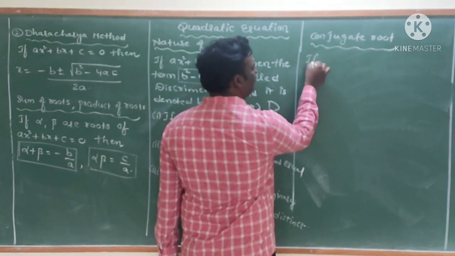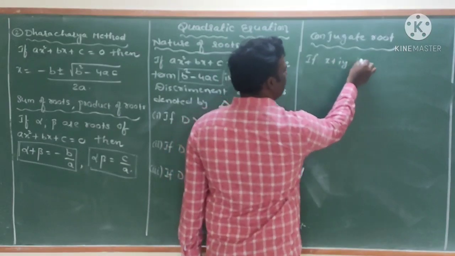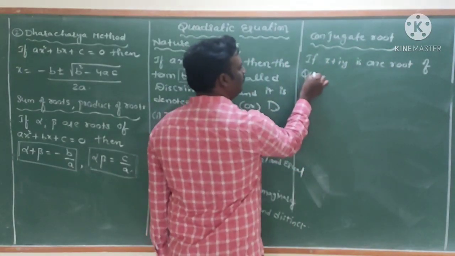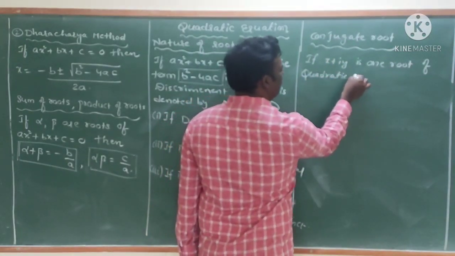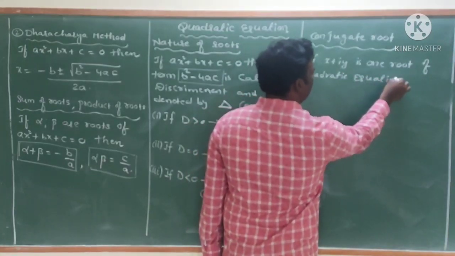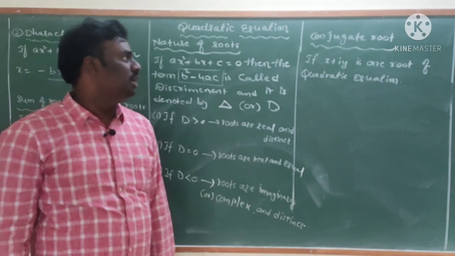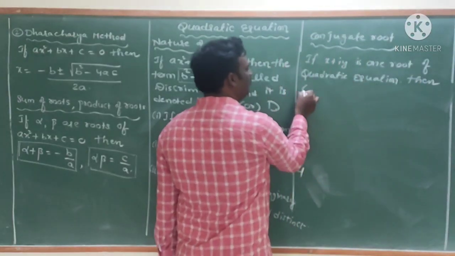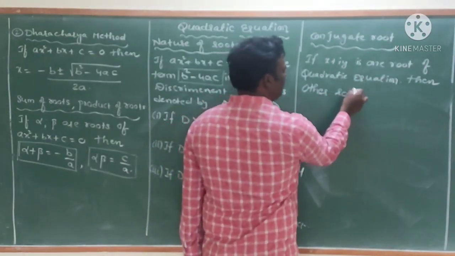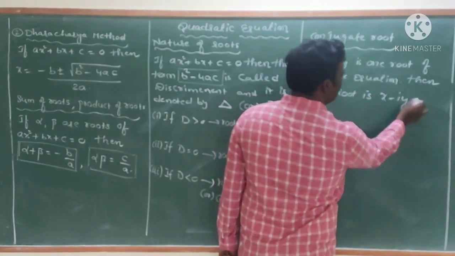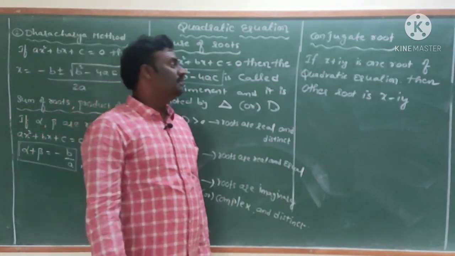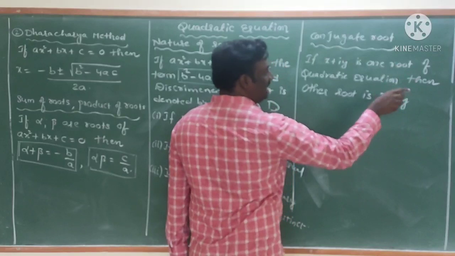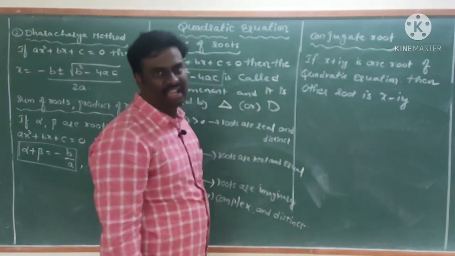If x plus iy is one root of a quadratic equation, it is a complex number, then the other root is, just you need to take the conjugate. Conjugate in the sense the sign will change for the imaginary part. So x minus iy is the conjugate root of x plus iy.